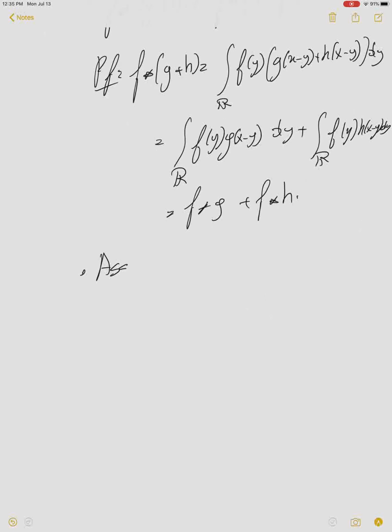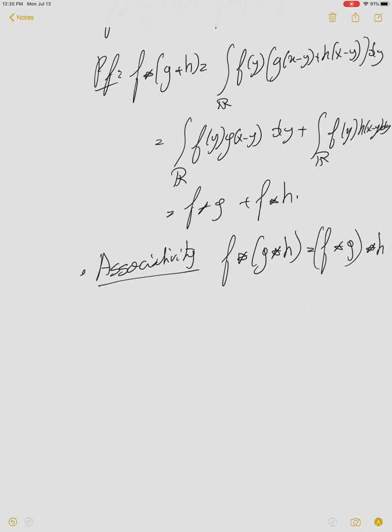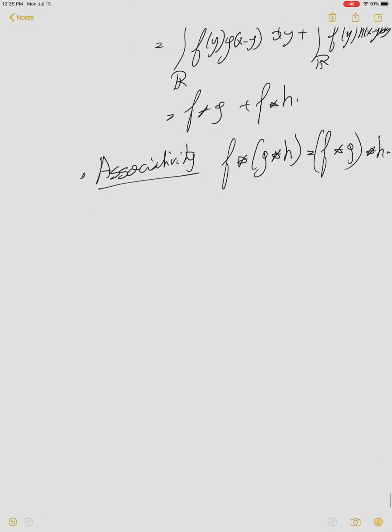Now, associativity: is f convolved with g convolved with h equal to f convolved with g convolved with h? Okay. Now the proof of this is pretty straightforward.